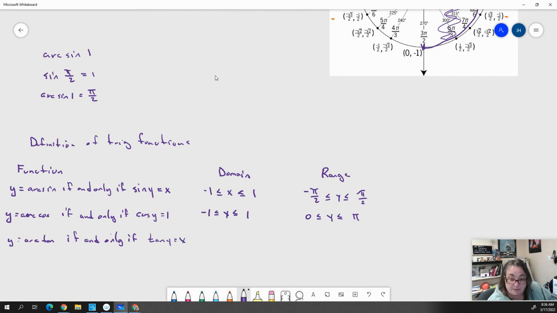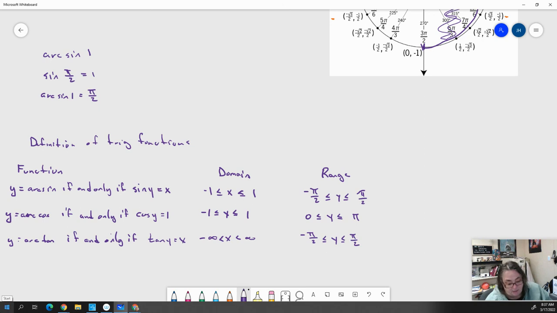And our parameters on this one, -infinity, well, I guess it can't equal -infinity, it would just be greater than -infinity. So we've got -infinity to infinity. And then your parameters on the range would be -pi/2 to pi/2.